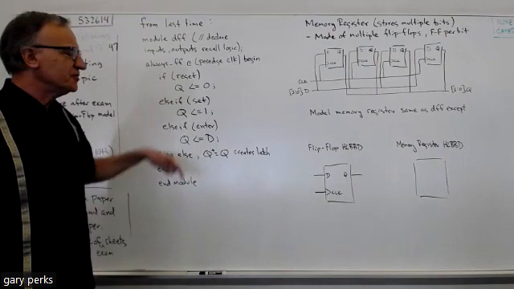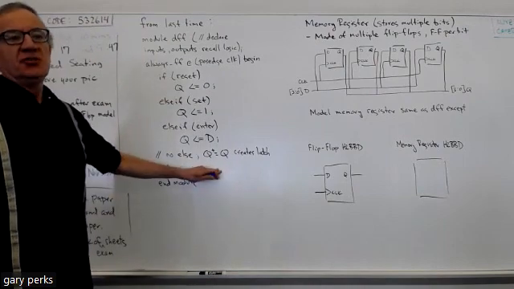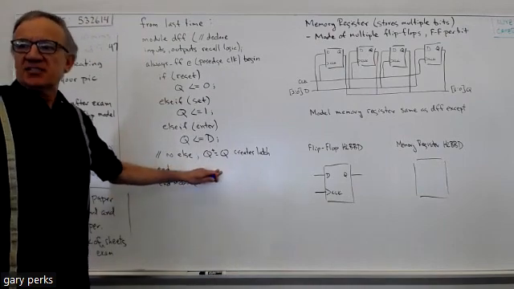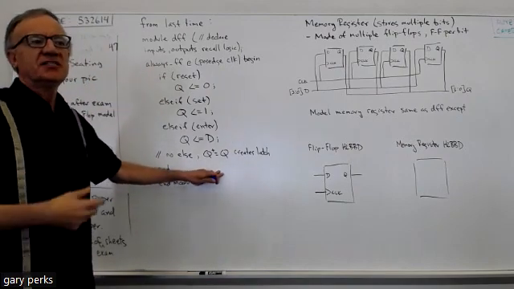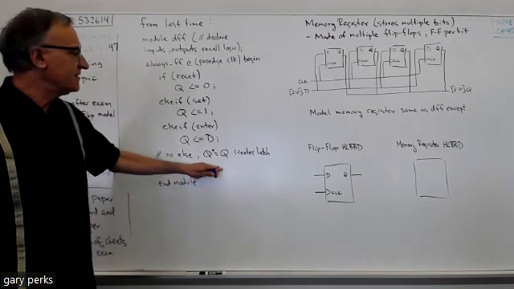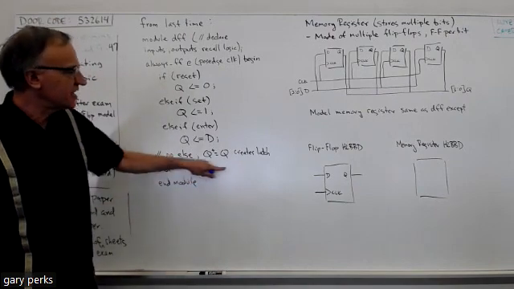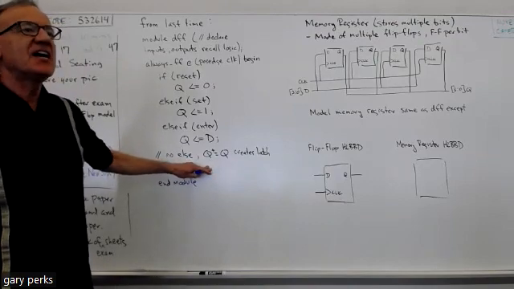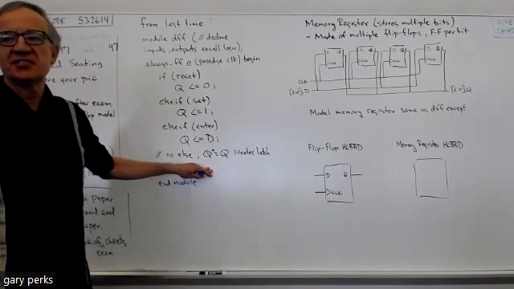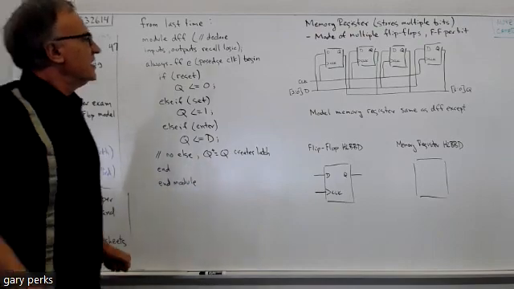Well, if you're not doing any of those things, you want your output just to stay the same. You want the next state of your output just to be equal to the current state, right? You want to retain that data. So this is when storage is happening. So here you're intentionally leaving out the else because you do want storage.